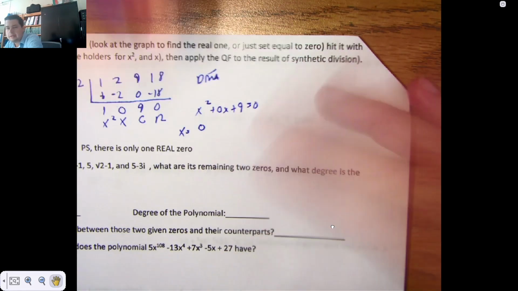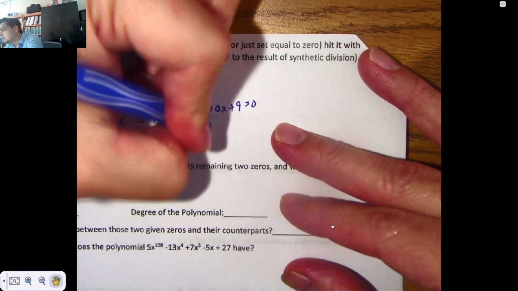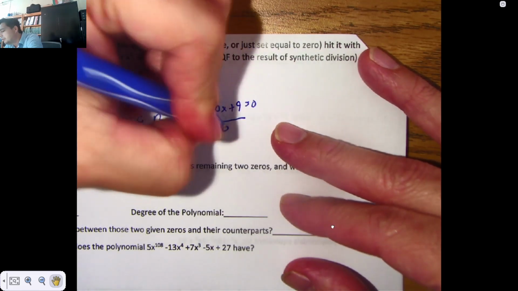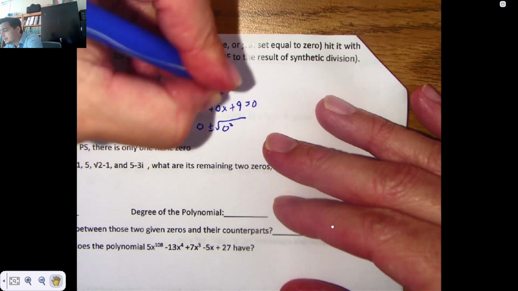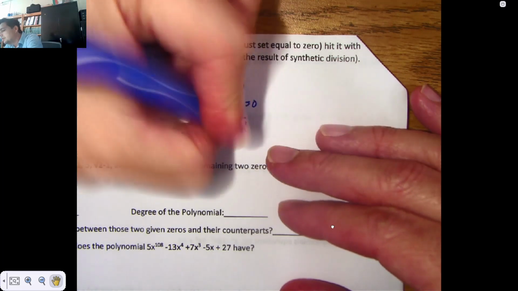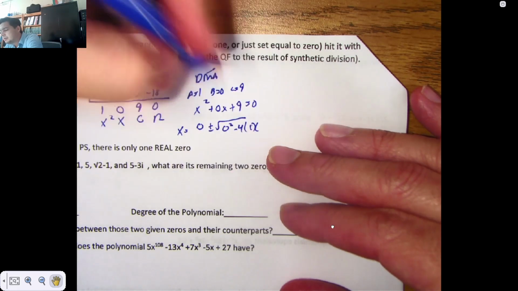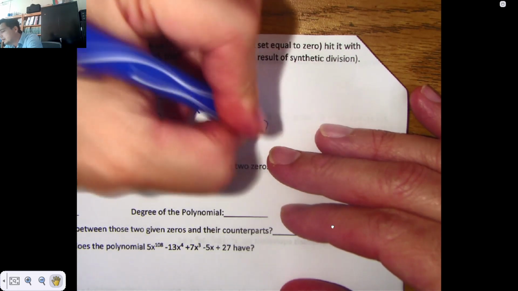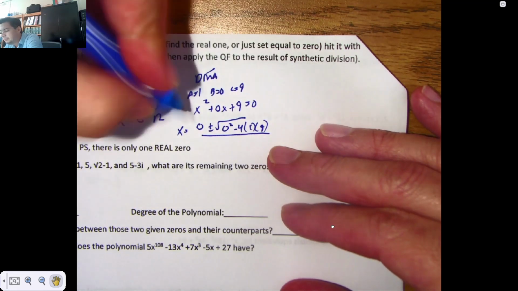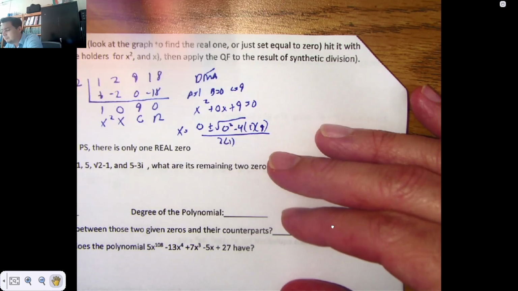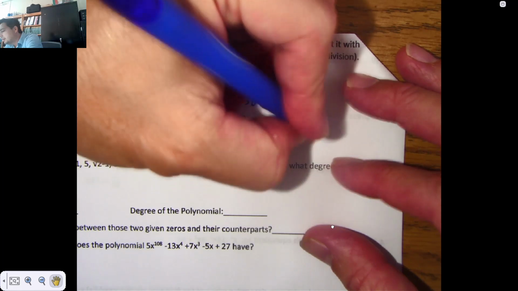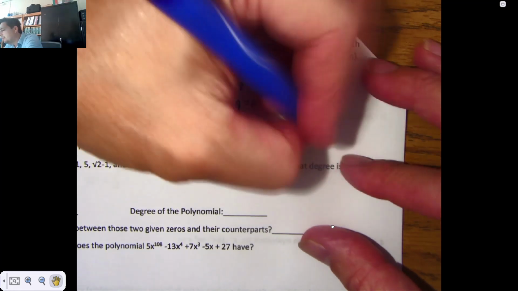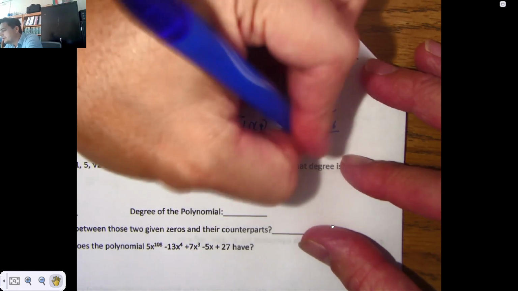Opposite b, which would be 0, plus or minus the square root of b squared, and b is 0, minus 4 times a, which is 1, times c, which is 9, all over twice a. So we end up with x is 0 plus or minus the root of negative 36 over 2.